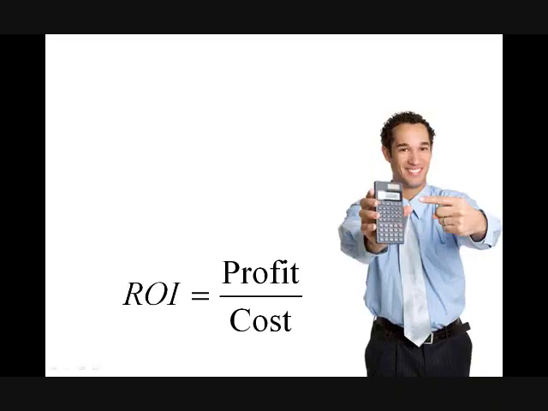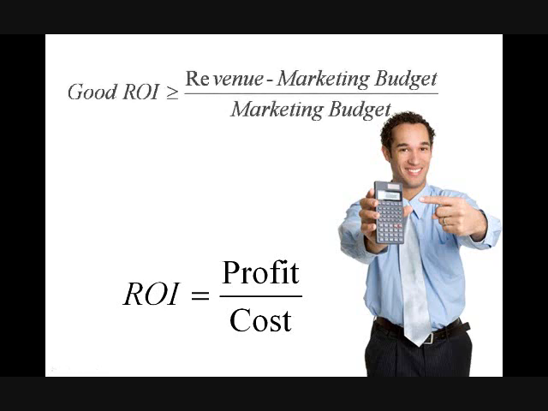And I want to talk about ROI some more because it's so important to how this is done. Remember, ROI is the amount that you profited divided by the amount that you spent. It's this little percentage number. We're going to tweak this ever so slightly to come up with this formula that determines good ROI.